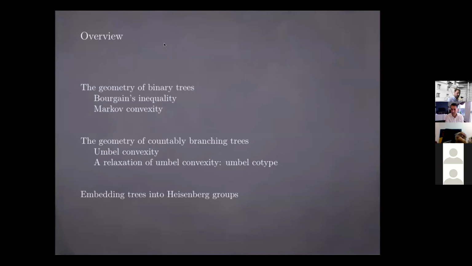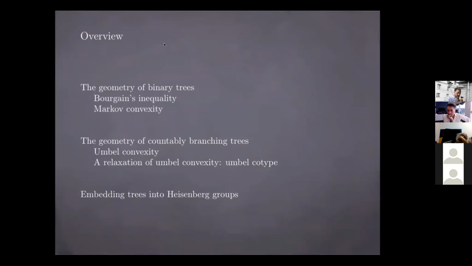We were concerned about finding a metric invariant that would capture the geometry of countably branching trees, and that would give us some quantitative estimates on distortion, lower bounds, compression rate bounds of coarse embeddings, and maybe also to be able to find new classes of Banach spaces that we can characterize in purely metric terms. That was a tall order, but I think we partially succeeded.